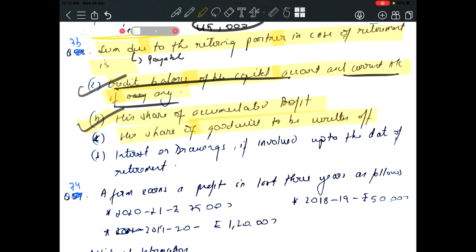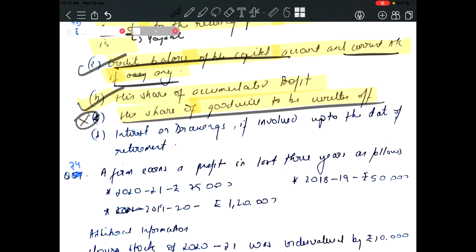Now the question is saying sum due to the partner means payable to the partner. Is this the right answer? His share of goodwill to be written off. Is this an amount due to the partner? No. Basically, this is the item which will reduce the capital payable to the partner.